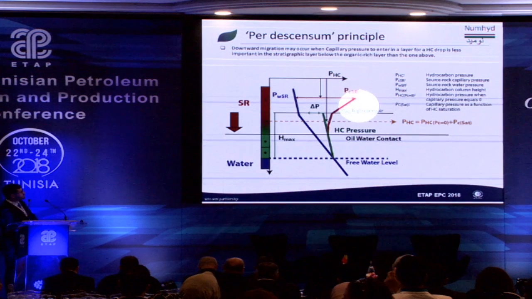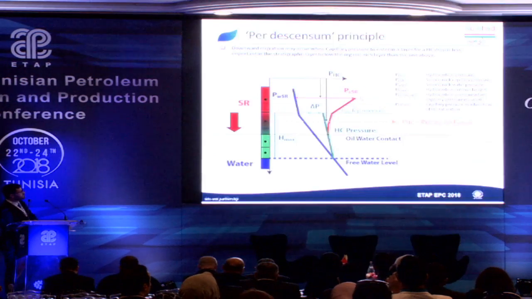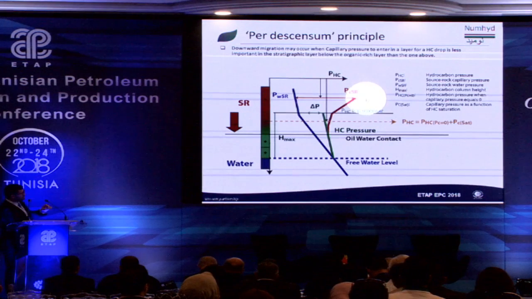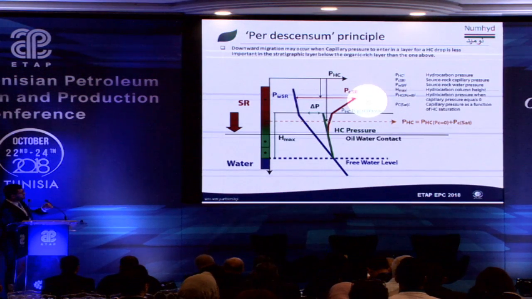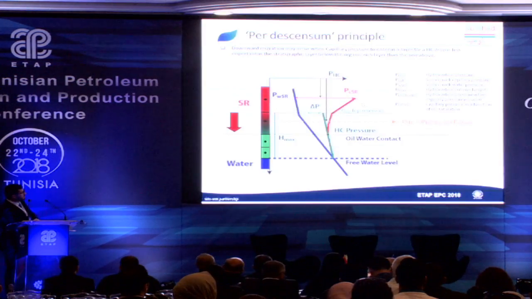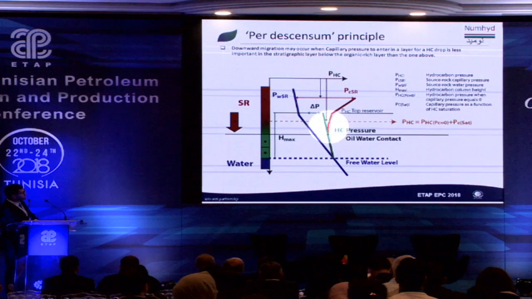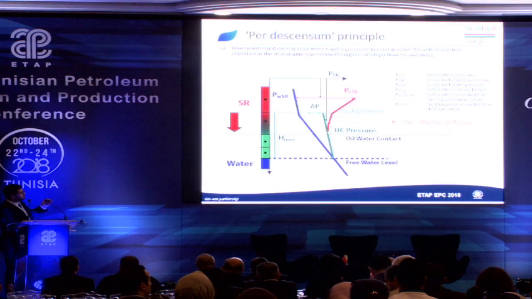The first is the maximum capillary pressure in the source rock. This point represents the maximum pressure that the source rock, the seal, can undergo before fluid leakage appears. And you also have this point, an equilibrium point between the pressure of the hydrocarbon in the reservoir and the pressure in the source rock.